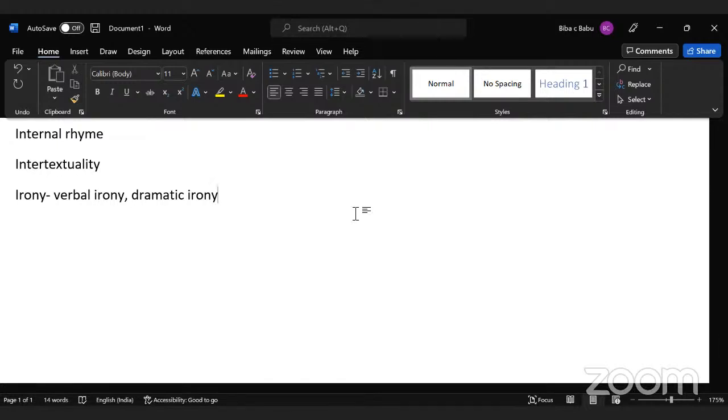Dramatic irony happens mainly in drama. What happens is the audience knows something that the character does not. And the outcome will be the opposite of what the character expects.